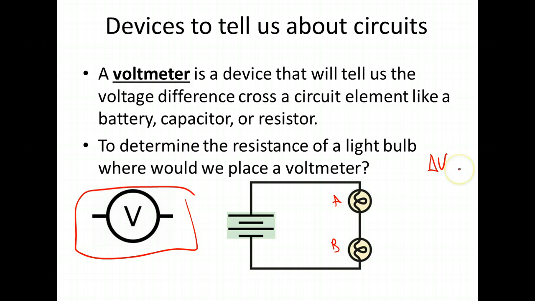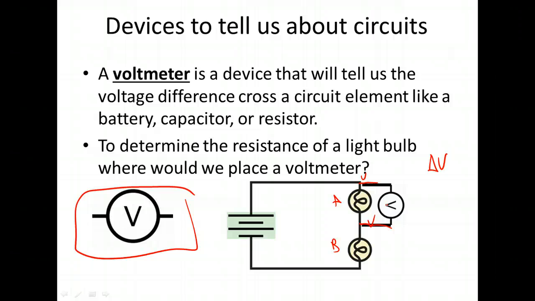Yeah, I want to know delta V. And so you're right, I do have to have one lead here, but if I want to know delta V, I would actually have to put another lead here, right? And measure the voltage going in and the voltage coming out to get delta V. And so my voltmeter would go right there. That's what we were playing with the other day with the two little probes, right? I put one before and one after and get my voltage difference. This is what we're going to do tomorrow in lab as well, the voltmeter.